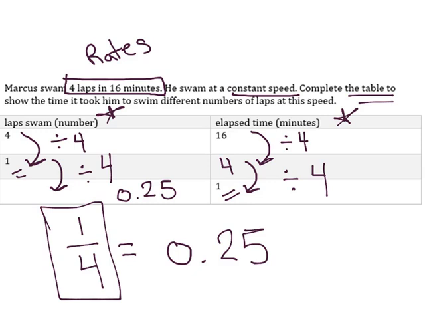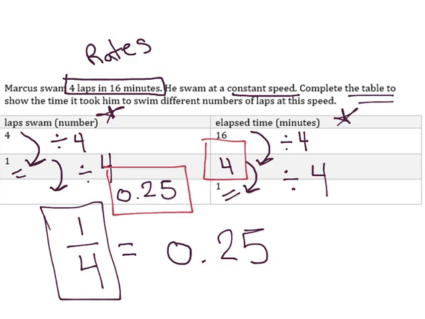Or you can think about 4 quarters, and one of those quarters is 25 cents. So after we finish the whole problem, our final answers in the missing spots are 4 and 0.25, or 1/4.